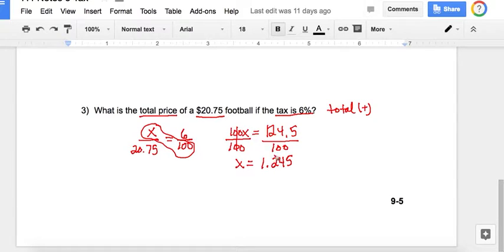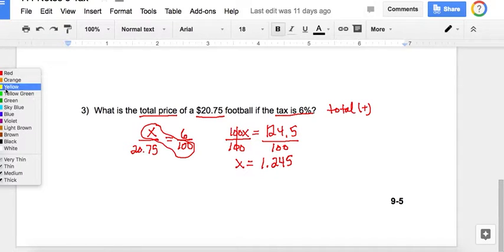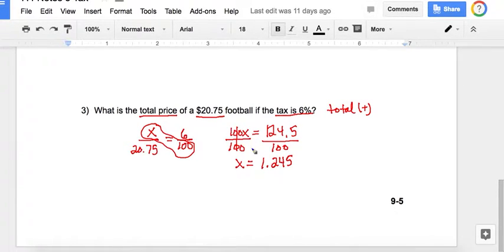So, what is the problem with this answer? It has more than 2 places after the decimal. And since we're talking about money, we have to round to the nearest hundredth, so underline the 4 and look to the right. If it's 5 or above, we give it a shove, so is it? It is, so it rounds to $1.25.